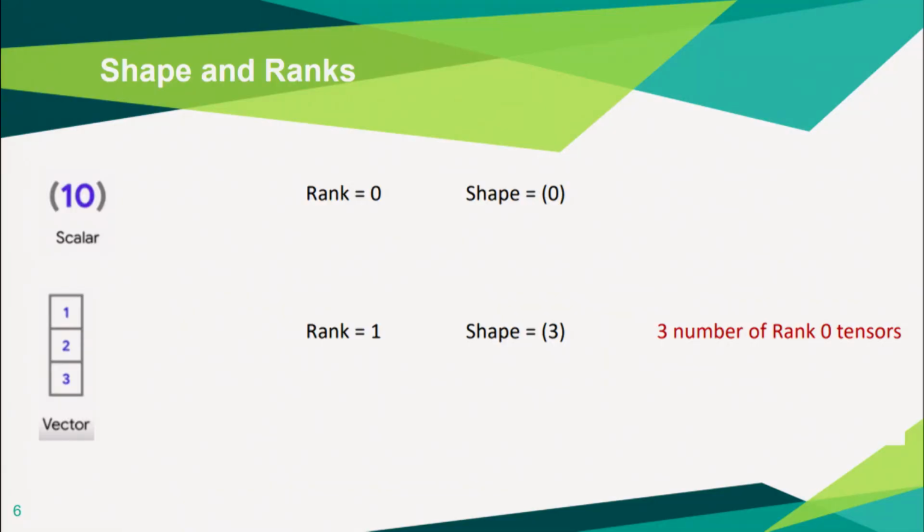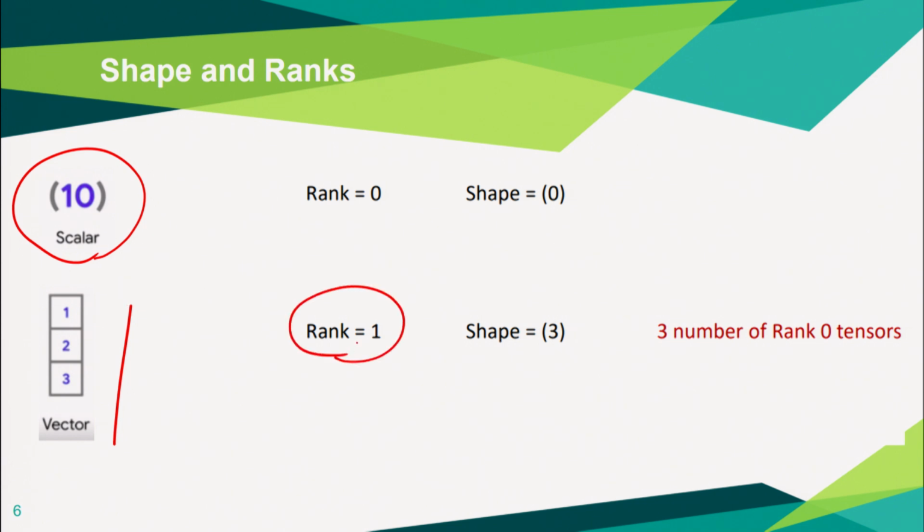See here, if you take just a value of 10, we say the rank is 0 and the shape is 0, as the size is not mentioned and there is no dimension. Now, moving on to a single-dimensional vector, the degree is 1 and the shape consists of 3 elements. The individual size we call the dimension, and what each dimension contains, the size, we call the shape.